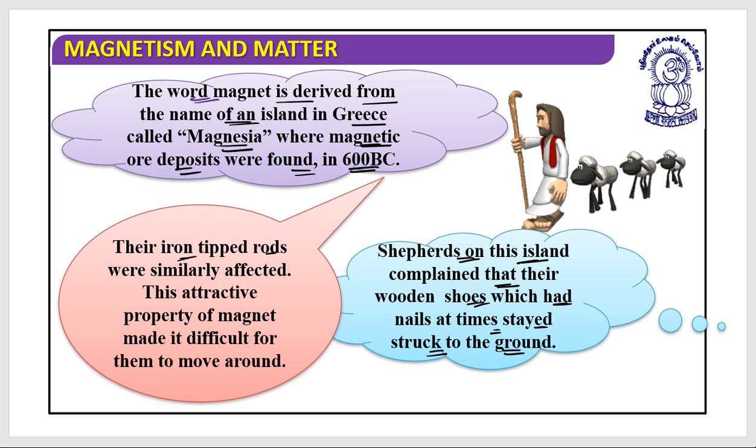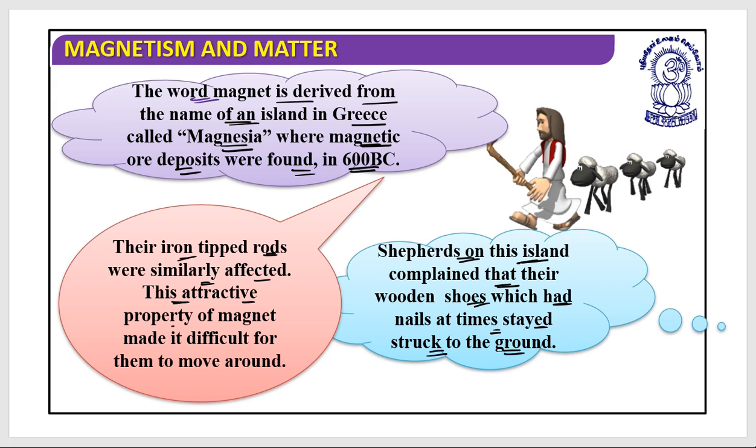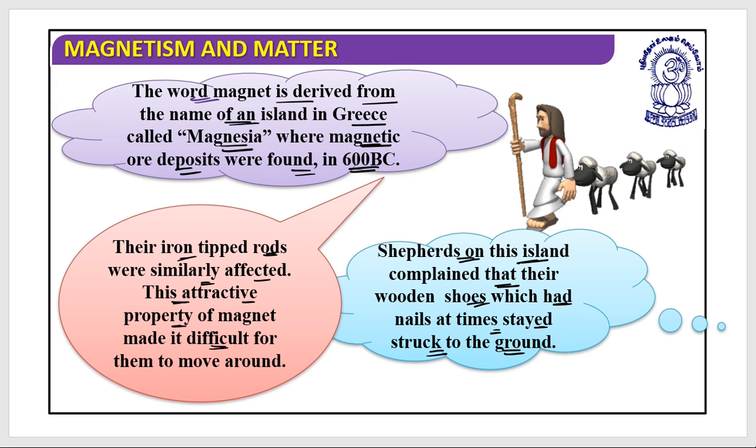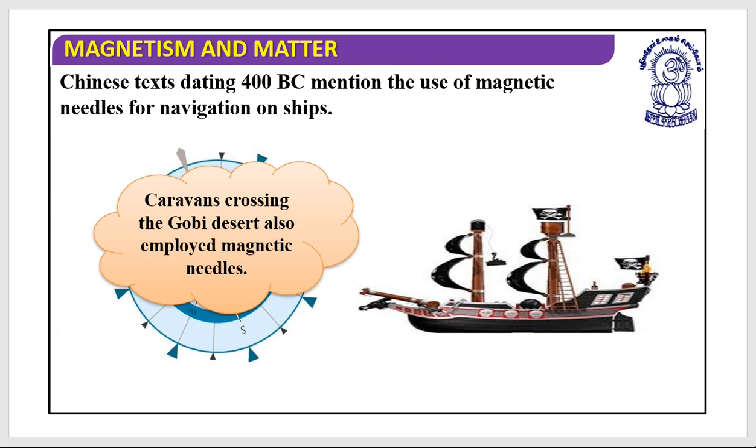Even their iron-tipped rods were similarly affected, and this attractive property of magnet made it difficult for them to move around.